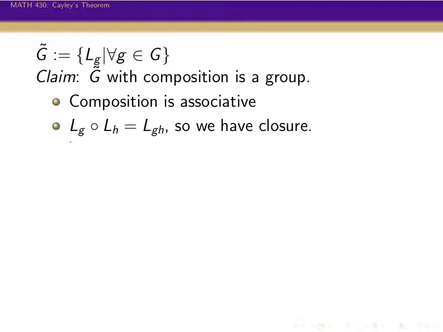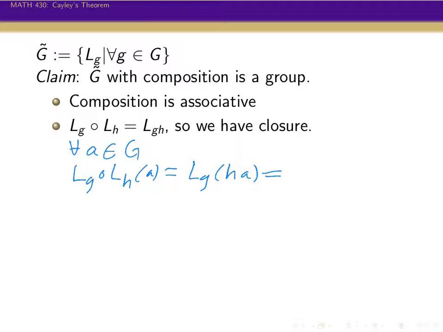I need for any a in G, well, L sub g of L sub h of a, well, we're applying L sub h first, and so this is going to be L sub g of ha, because L sub h of a multiplies a by h on the left. And then when we apply L sub g to ha, we end up with gha.